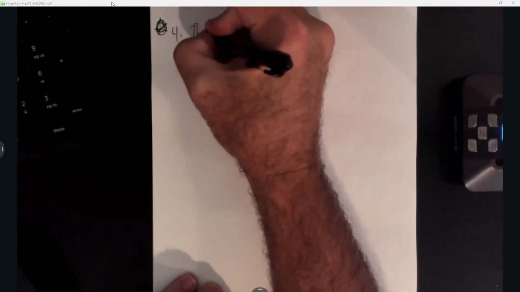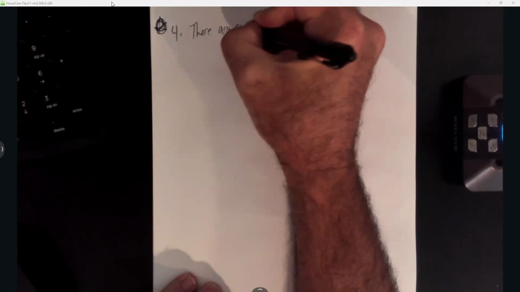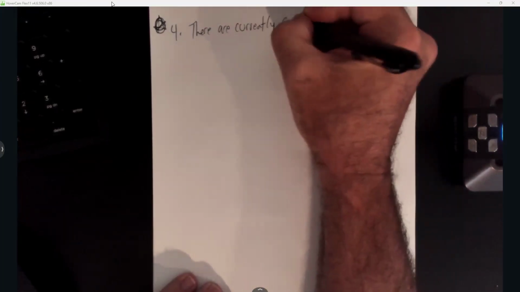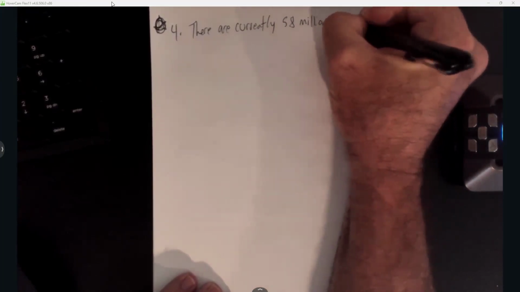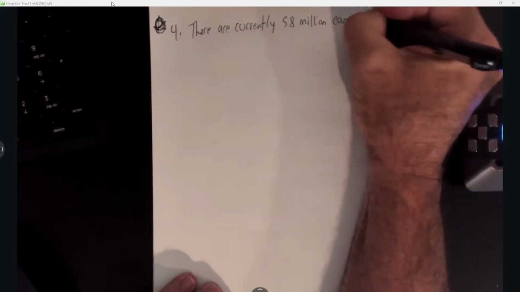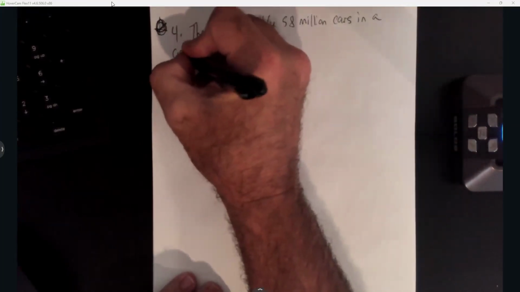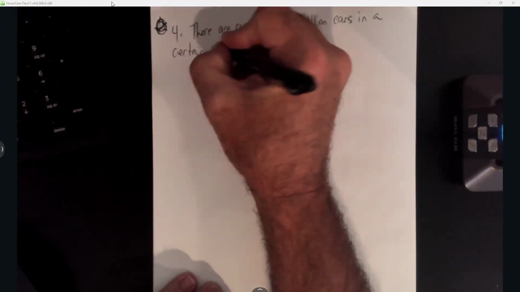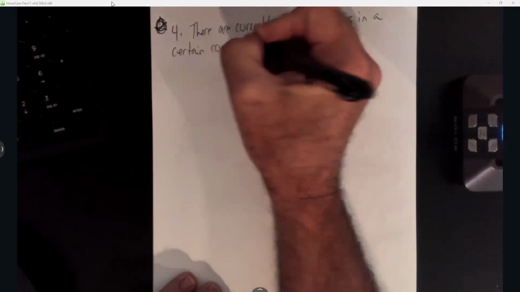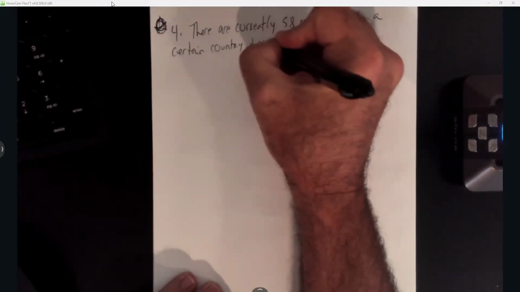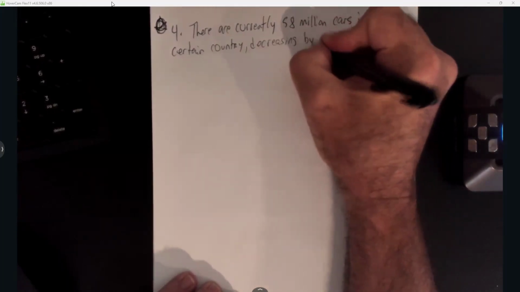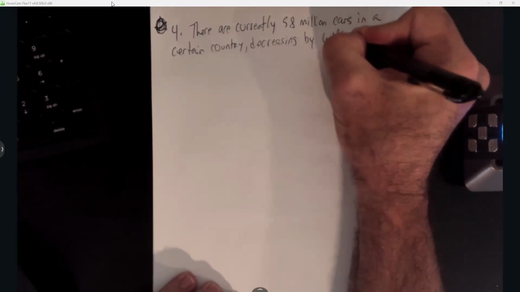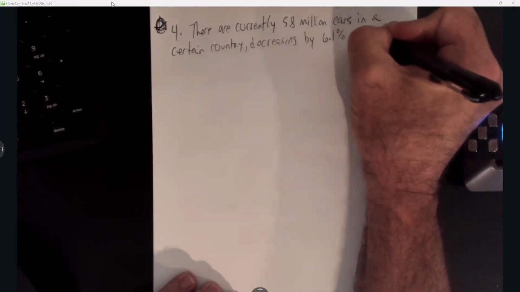There are currently 58 million cars in a certain country, decreasing by 6.1% annually.